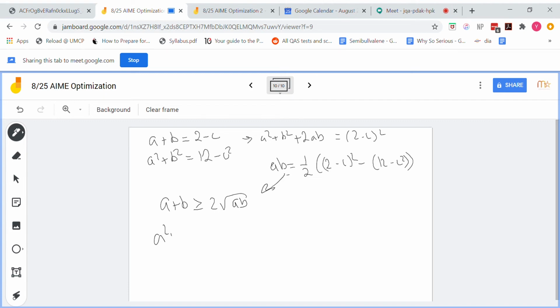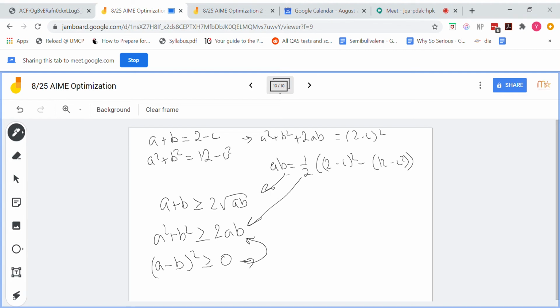We could also use a squared plus b squared is greater than or equal to 2ab, plug in this value for ab, and get the same equation for c. And we could also use the trivial inequality, (a minus b) squared is at least 0.